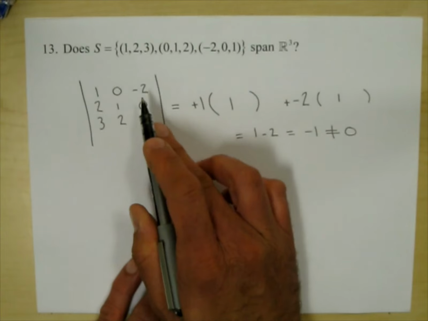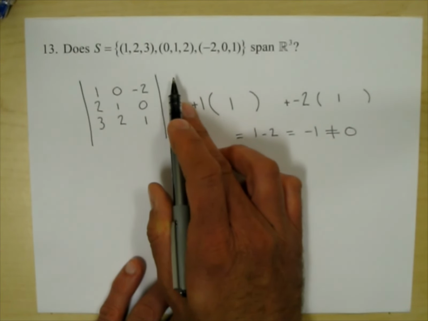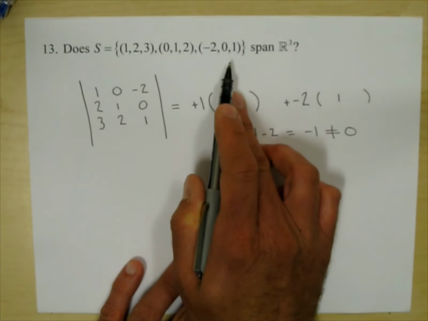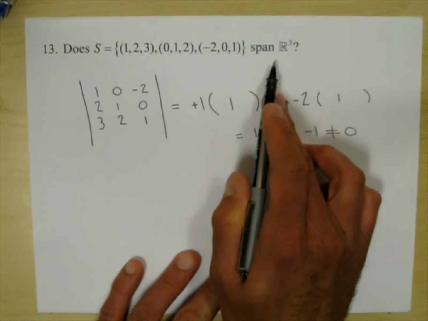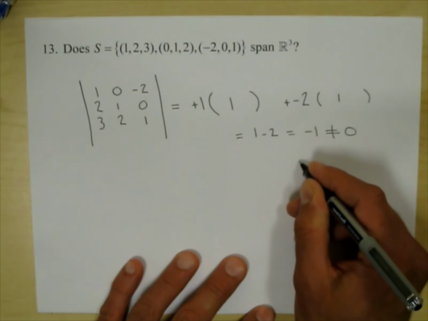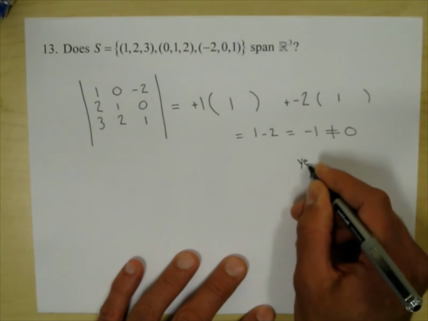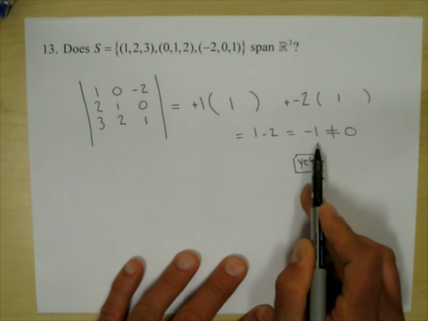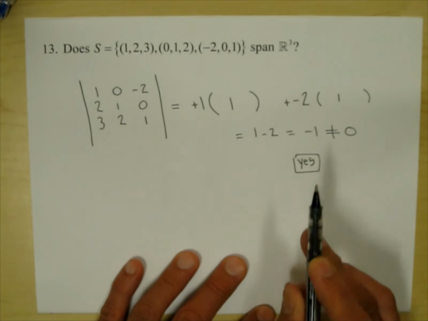And because they don't lie in the same plane, if you do all linear combinations, you can reach anything in R3. So the answer is yes. Once again, if you had got 0 determinant, the answer would be no.